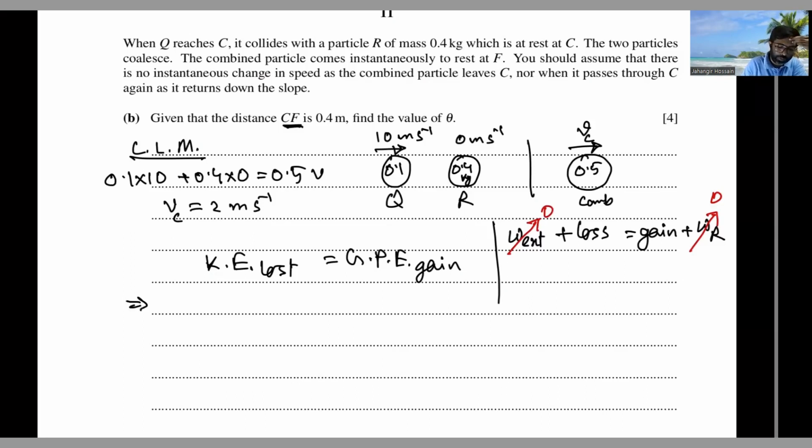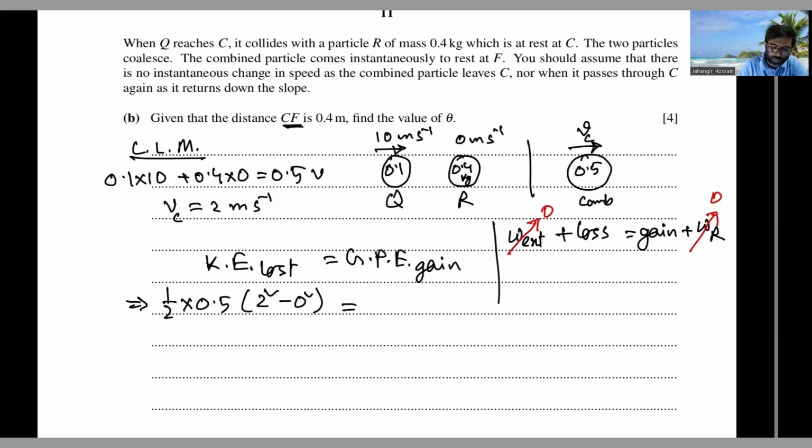Now KE loss equals half into 0.5 into (U square minus V square, which is 0). And PE gain on the inclined plane you can calculate as mg sine theta times the distance it moves along the plane.